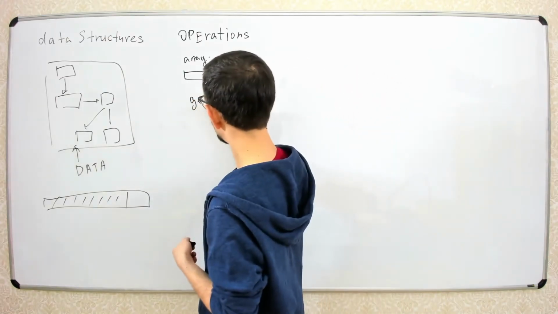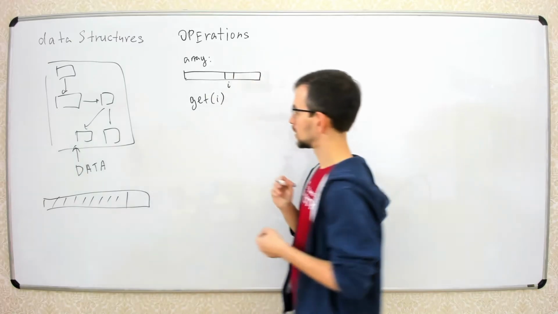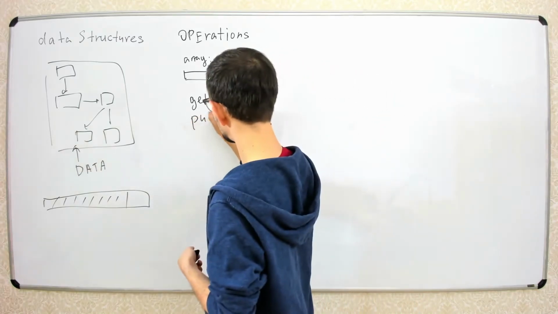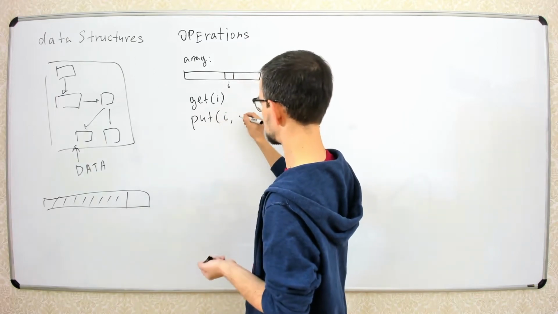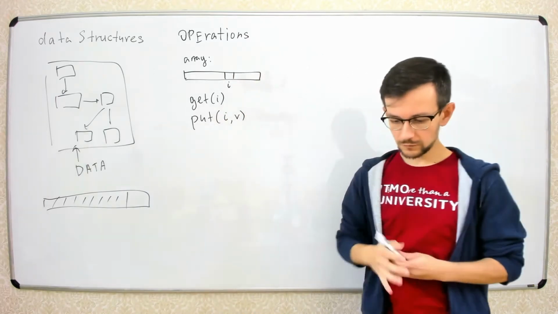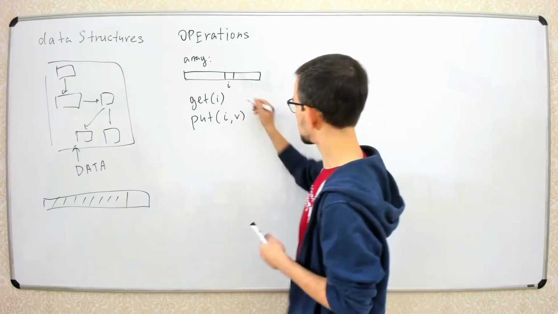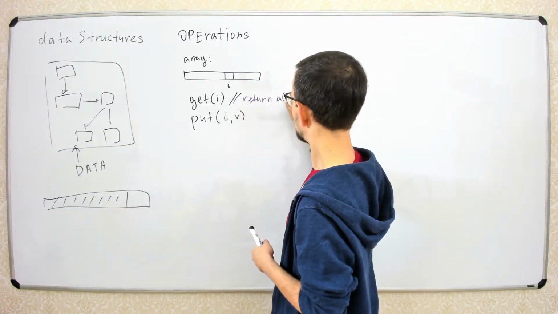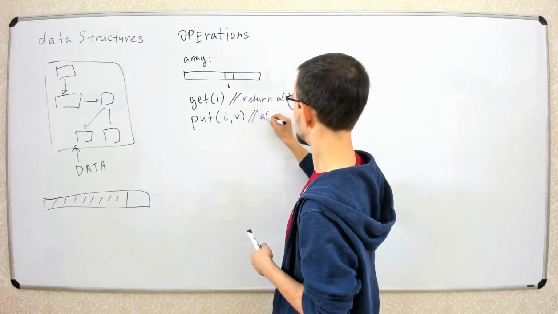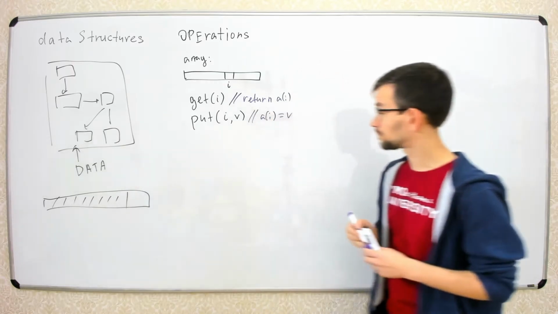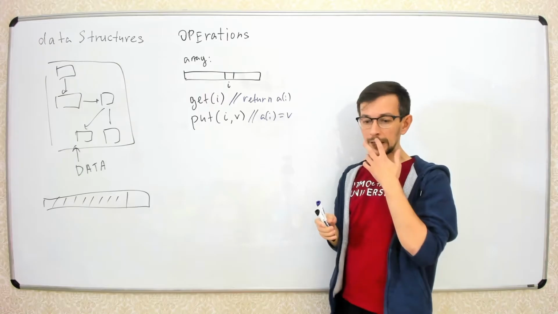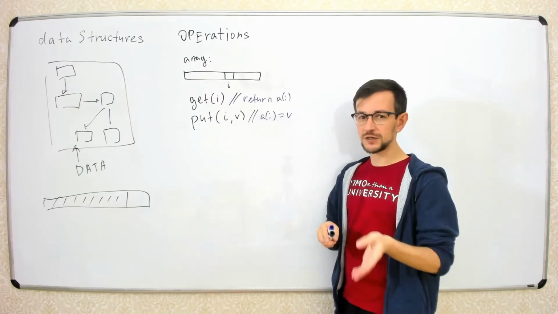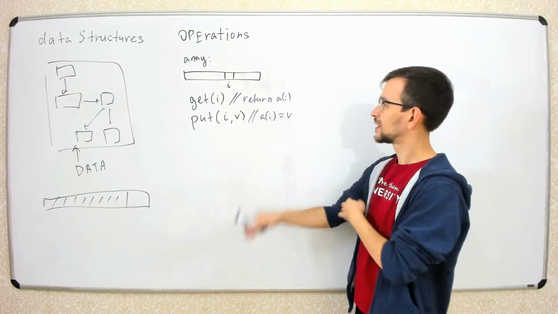Let's say get element by index i, and put element, let's say value v. This operation is simply return A[i]. This operation is A[i] equal to v. So it's a very simple data structure. It's actually not exactly a data structure, it's more like a primitive, but good enough.